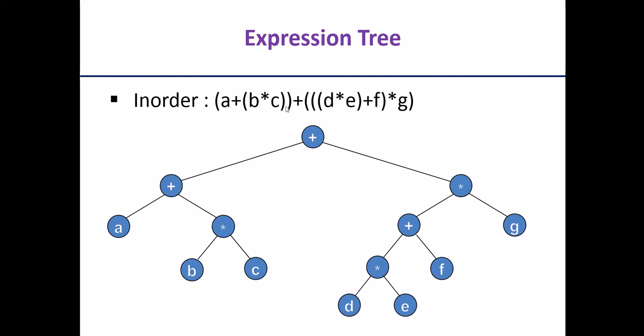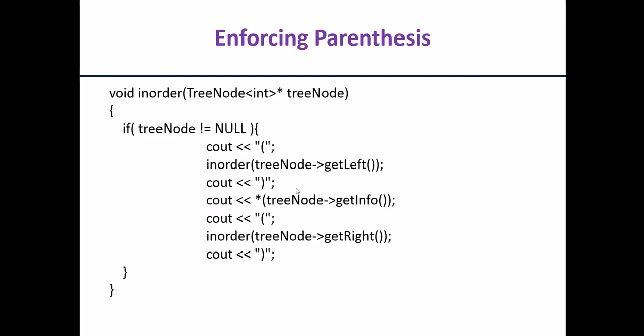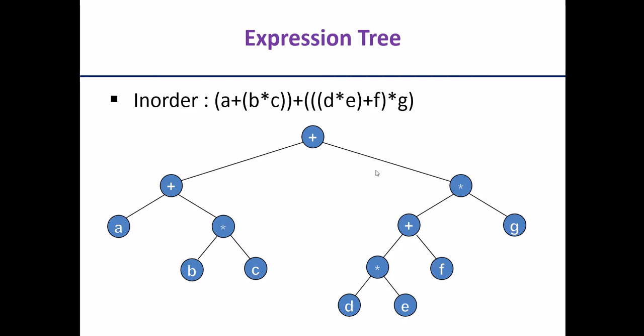That means BC is evaluated first, and then the result is added to A, and then the whole result will be added with the other part: first we will multiply D and E, and then we will add F, and then we will multiply with G, and this tree and this tree will be added. So you can modify your in order traversal function, and you can put parentheses for printing purposes.